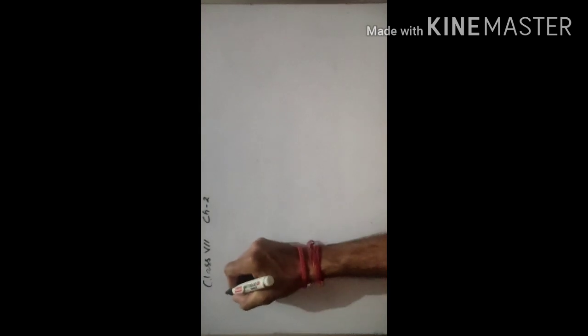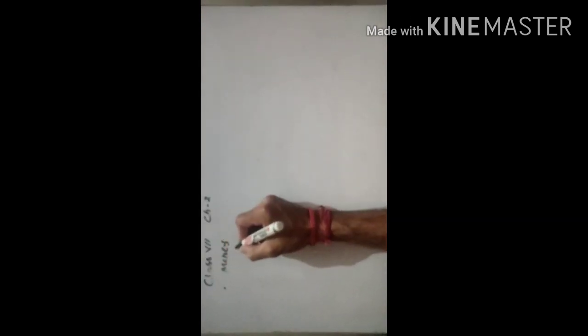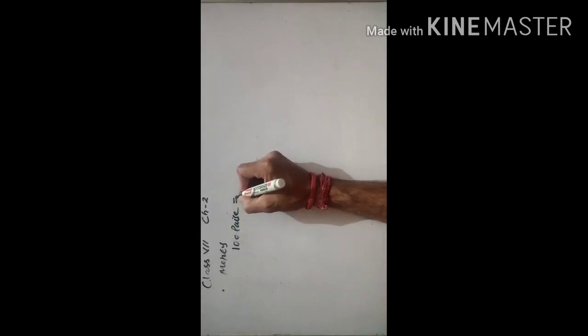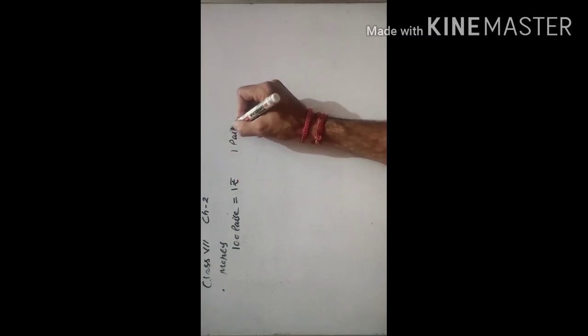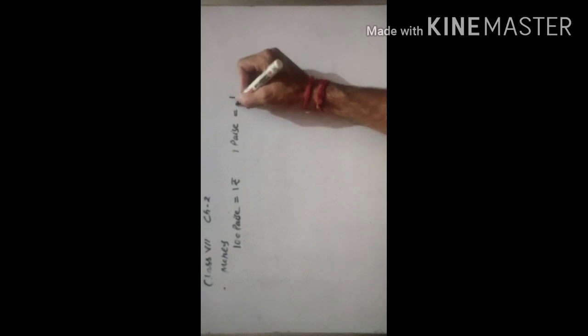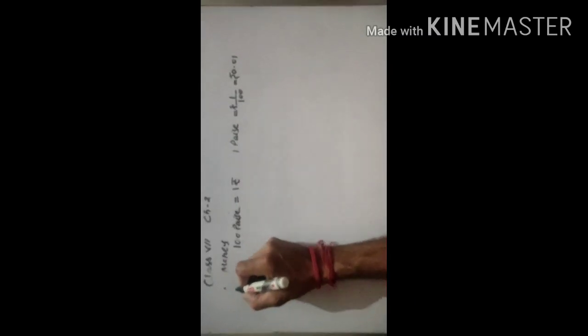Now next, some basic units. In case of money, 100 paise is equal to 1 rupee, or 1 paise is equal to 1 by 100 rupees, that is 0.01 rupees.